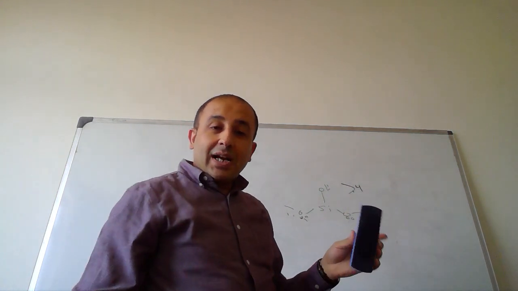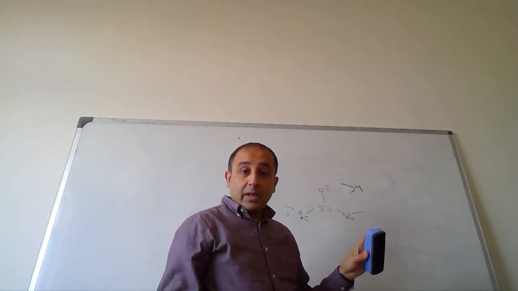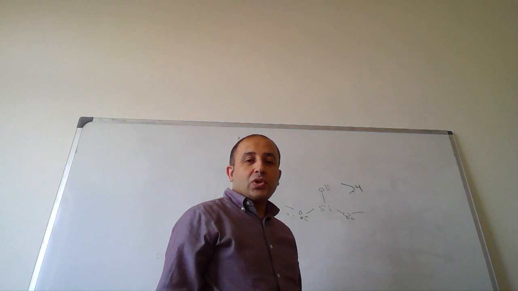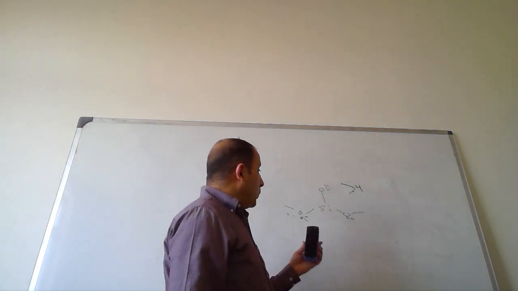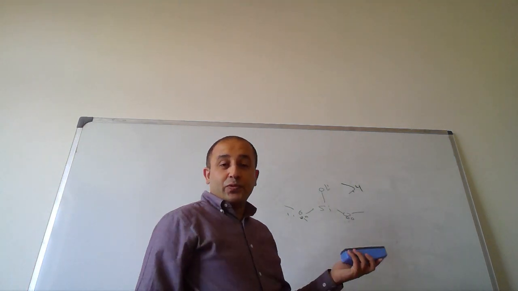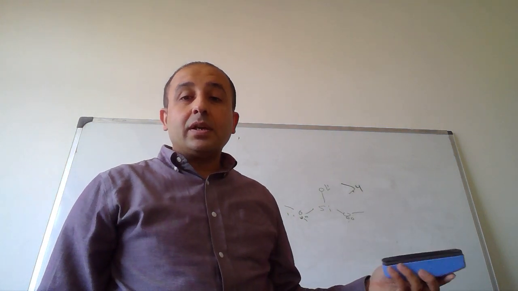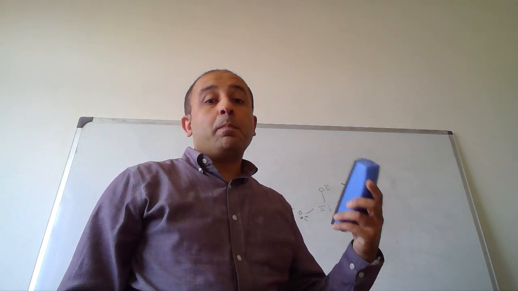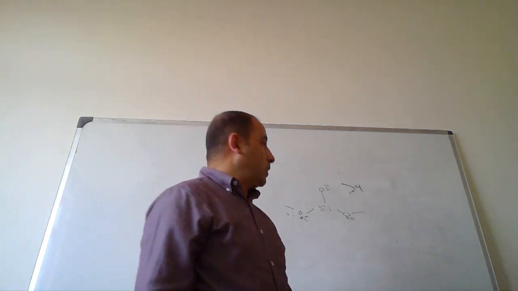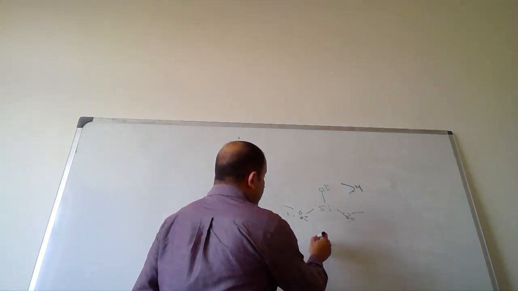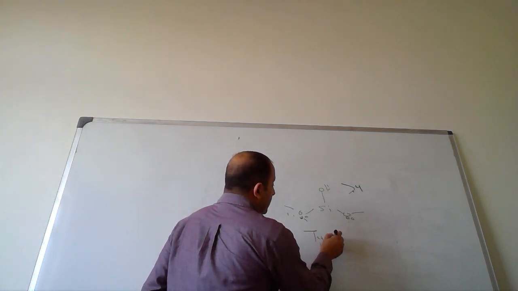So the chance of reactivity between silanols and basic drugs will also be minimized. So overall, we have to remove contaminants such as metallic contaminants in order to make the column more suitable for basic compounds. And we call this kind of silica type B silica.